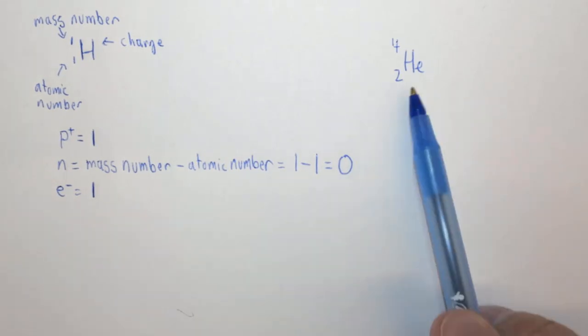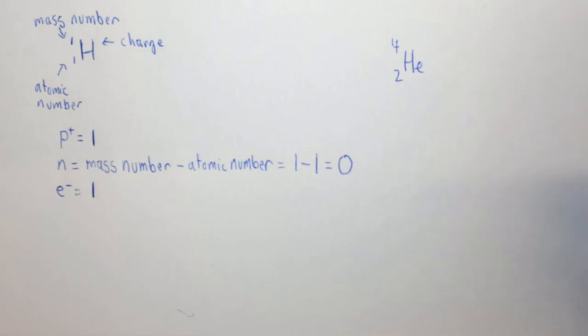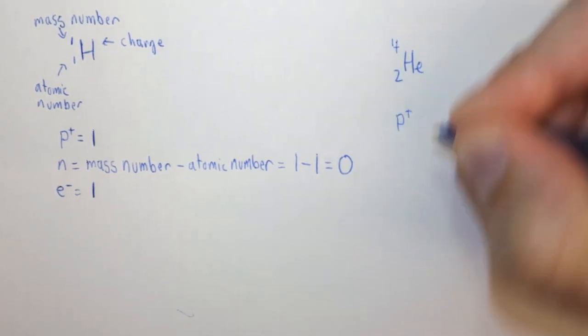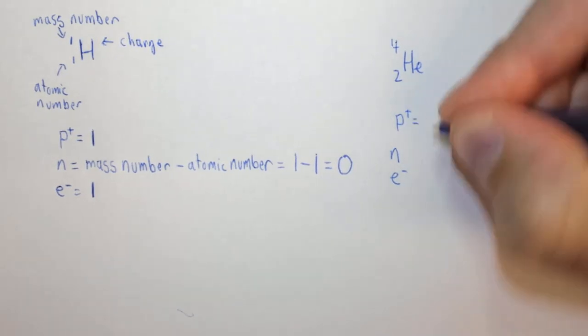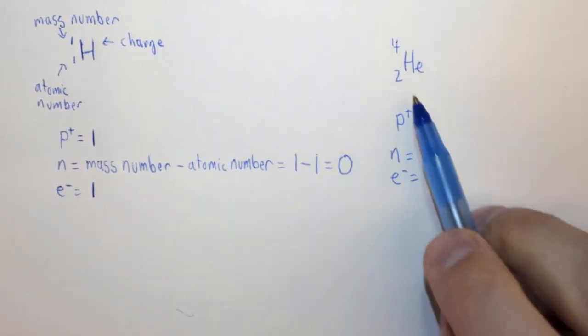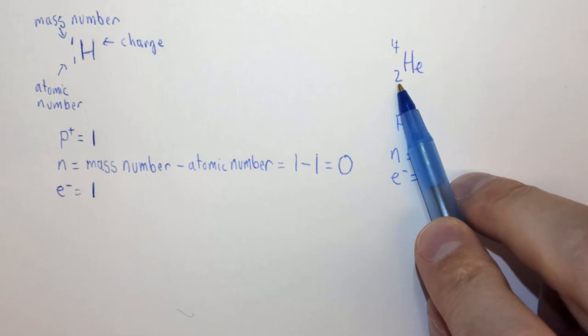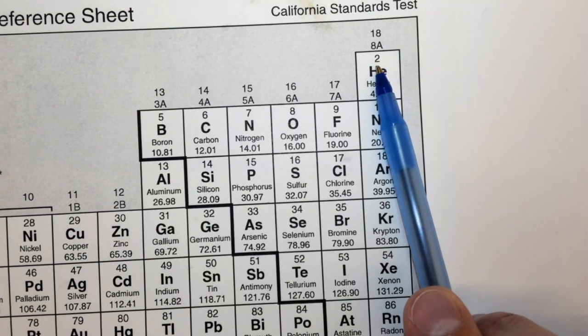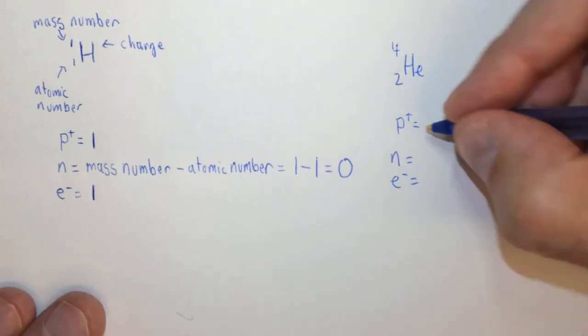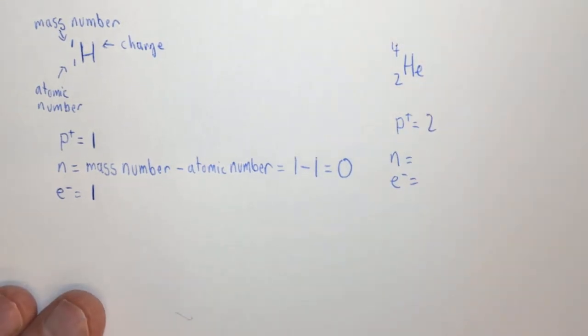So here we have helium like this, and we might want to know the protons, the neutrons, and the electrons. The protons is easy. You could either use this 2, which often won't be given, but in this case it was, or just look it up on the periodic table and find that this is atomic number 2. So anything called helium has 2 protons.